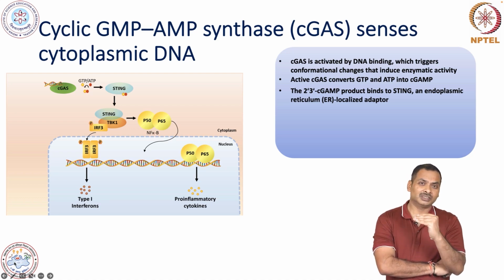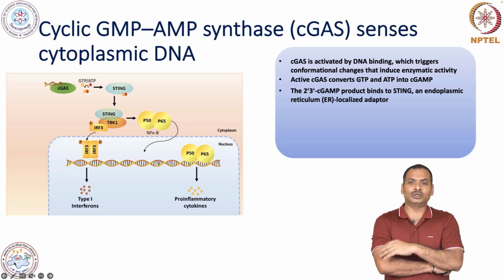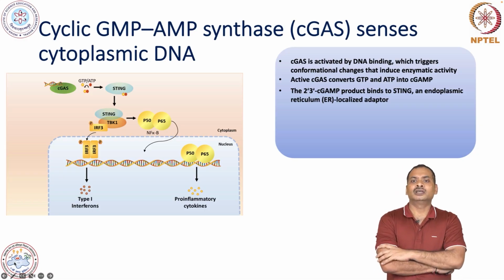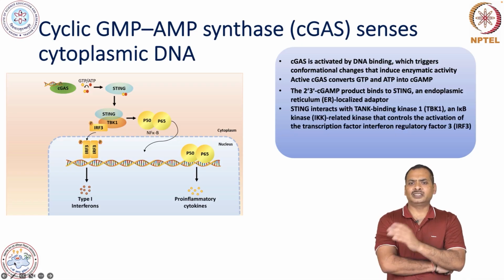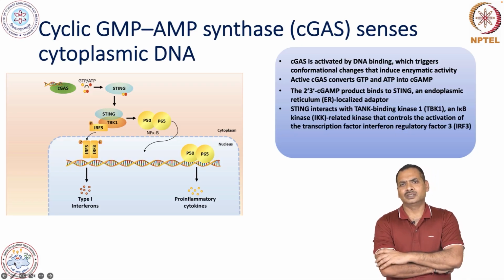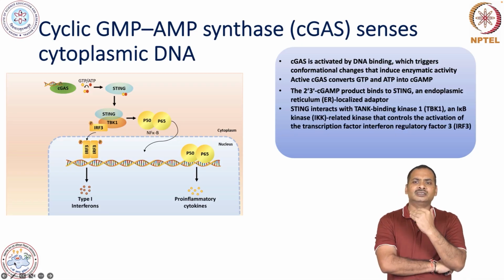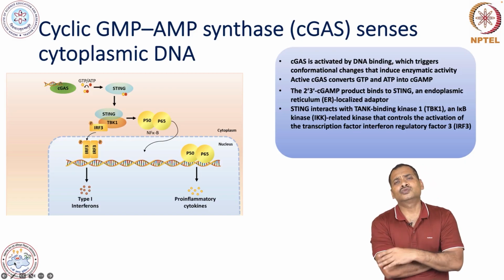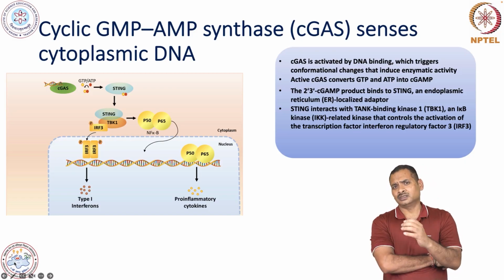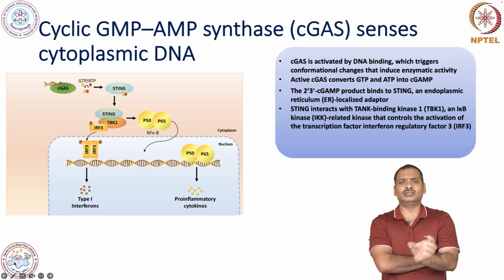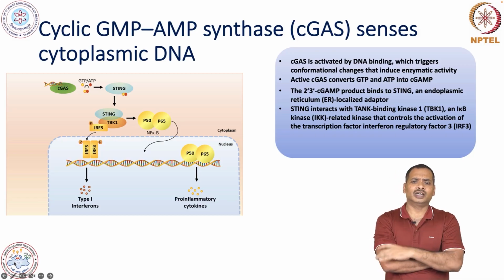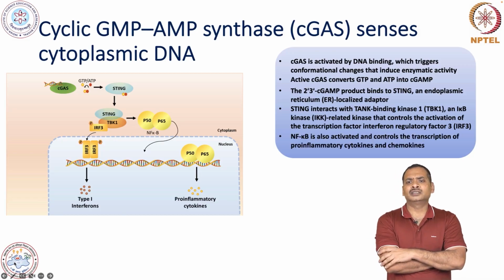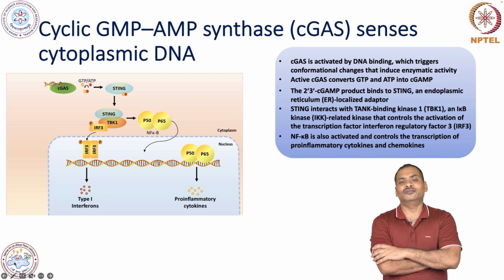You remember the STING molecule, which acts as an adapter, and this STING molecule is present on the endoplasmic reticulum. This STING interacts with TBK1, and then this TBK1 or IKKi phosphorylates the interferon regulatory factor, IRF, particularly IRF3, and this will induce type 1 interferon.